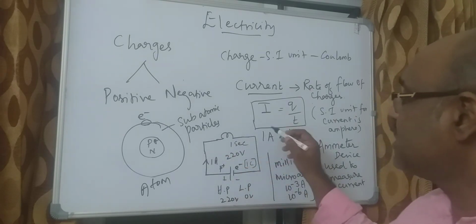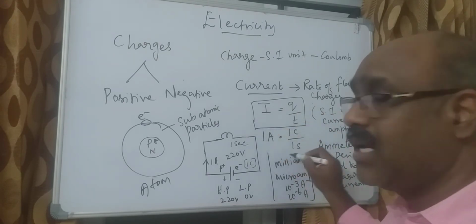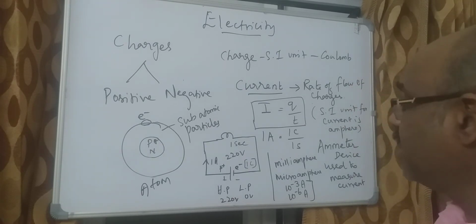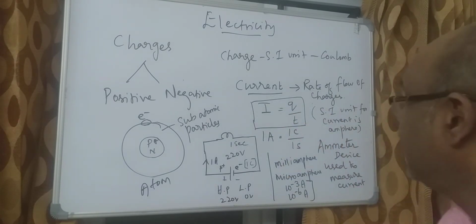This formula as well as this definition will be asked in public exams quite often, so we should know the formula for current and what 1 ampere of current is.